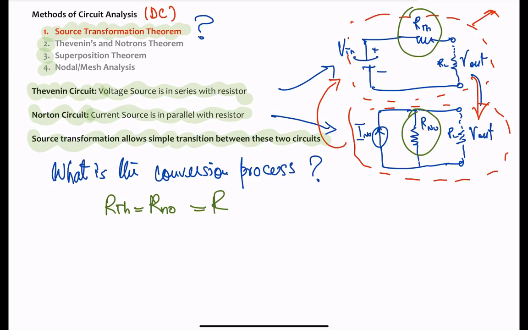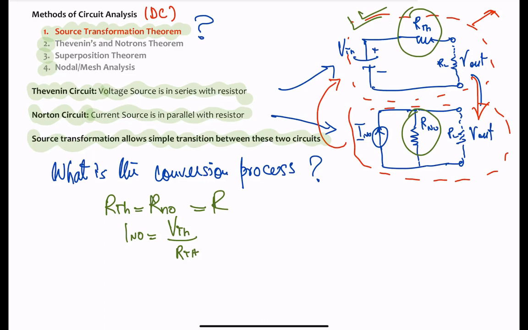If you have a Thevenin circuit over here, you can calculate the Norton current by simply using Ohm's law, where V would be the Thevenin voltage and resistance will be the Thevenin resistance of the circuit. So you get the Norton current.